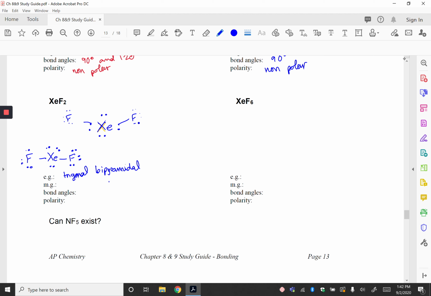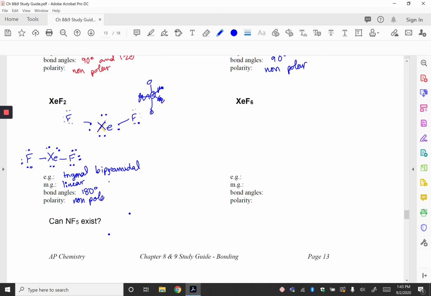In this case, normally you'd have 1 up, 1 down, and then these are 120, right? Well, we don't have any of those. So what angle does that make? That is 180. And it is linear. And it's actually nonpolar.